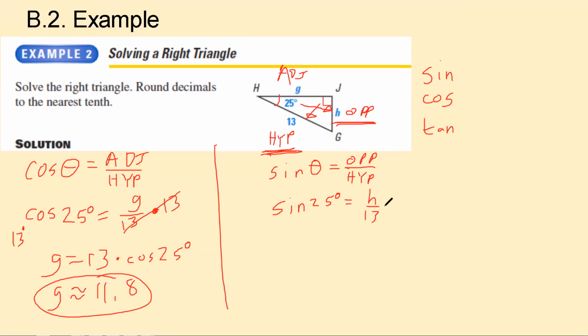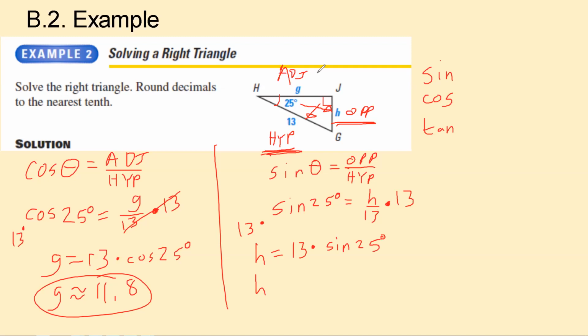To solve this for h, I need to get h by itself, which means I need to get rid of this divide by 13. And the opposite of dividing is to multiply. So h will be 13 times the sine of 25 degrees.